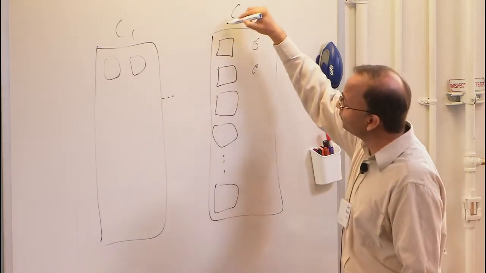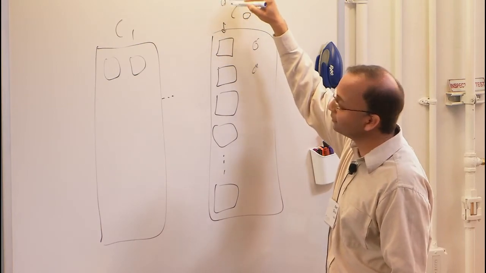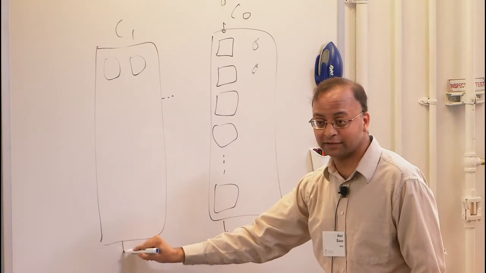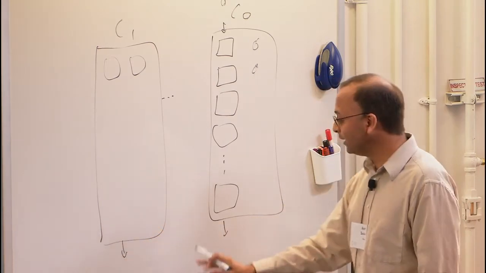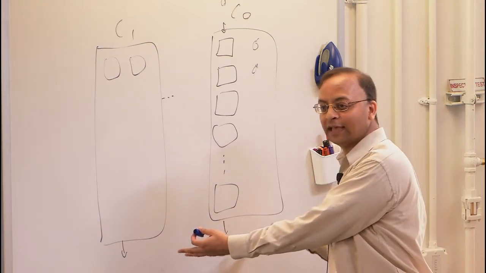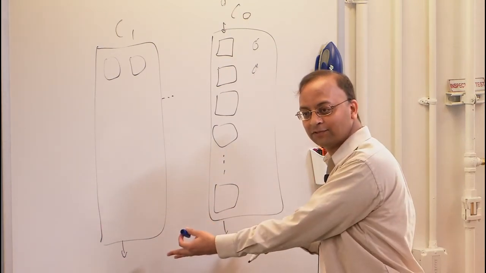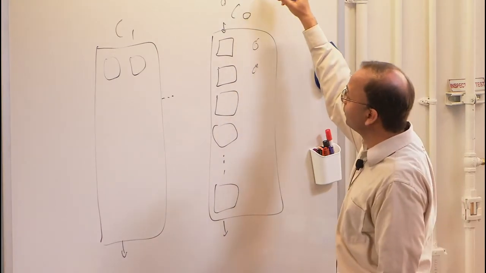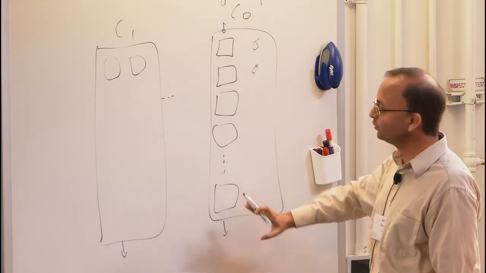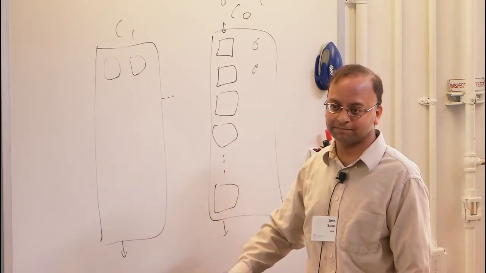So if I evaluate it at, let's say, the 0 to the n input, then I will get the same output here as I will get here. If the final output is 0, then it'll be 0 in both places, and if it's non-zero, then it'll be non-zero in both places. On the other hand, if I evaluate it on some other input, let's say 1 to the n, then this part just doesn't contribute. It'll just be whatever C1 does. That's the idea.